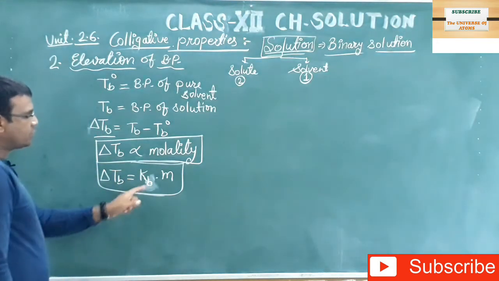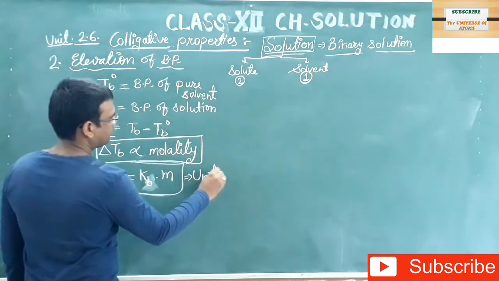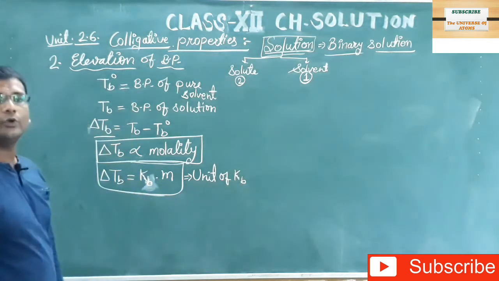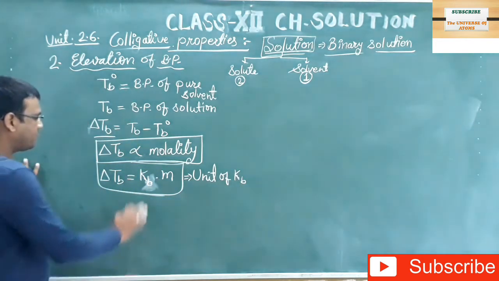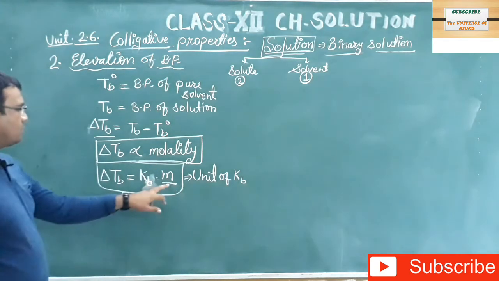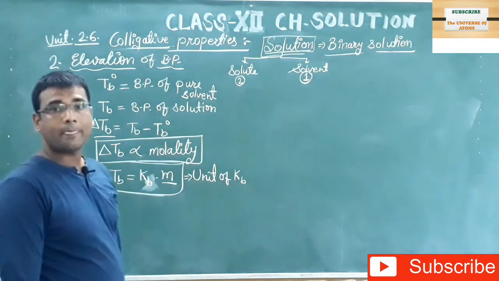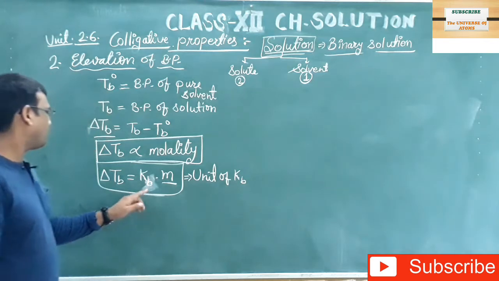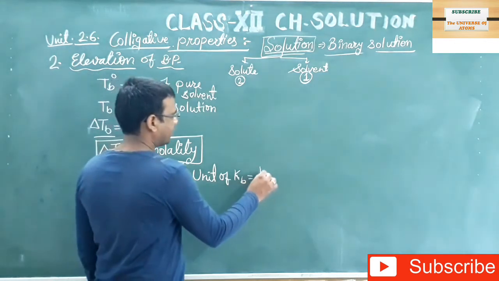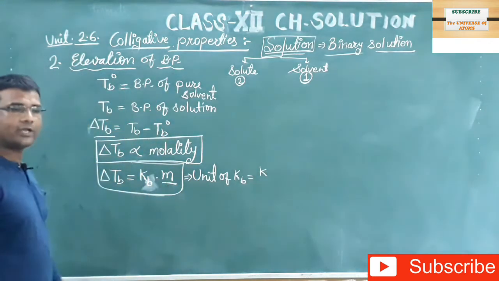Now, what is the unit of Kb? Take Kb to one side and divide by molality, so molality becomes the denominator. The numerator is temperature, whose unit is Kelvin. How do we define molality?